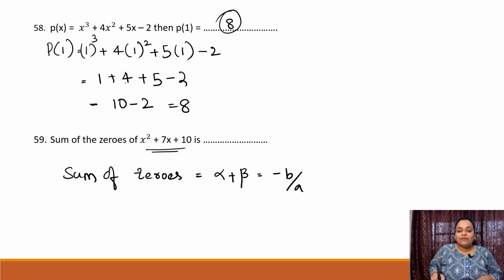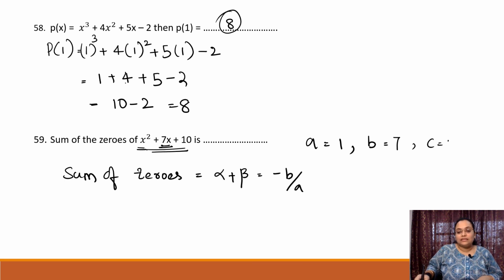So from the given polynomial, what is a? a is 1, right? Coefficient of x square. And what is b? b is the coefficient of x, which is 7. And c is the constant term, which is 10.